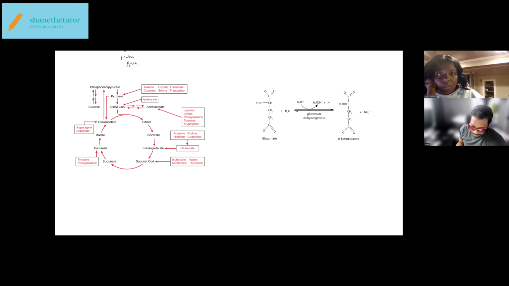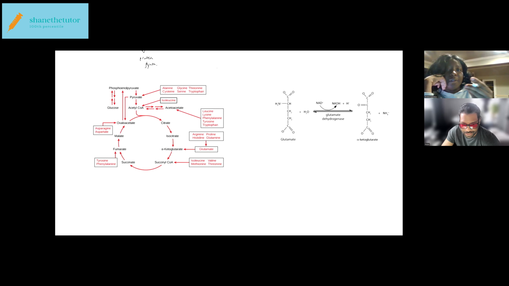So I mean, it'll just match the ones that have the same number of carbons. So they can enter in at different stages as intermediates. But ultimately you're still going to be producing the NADHs and FADH2s and things like that.